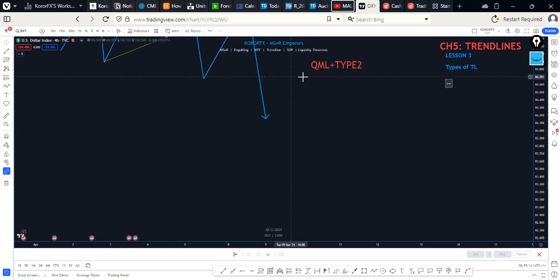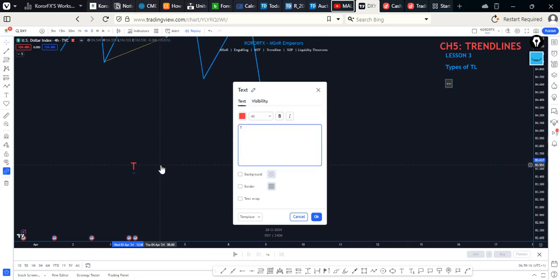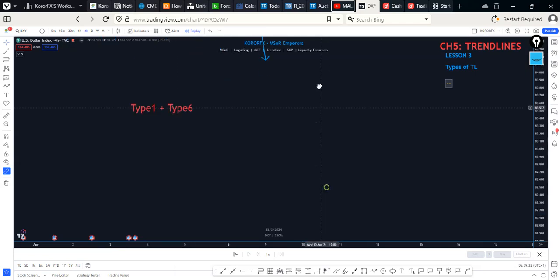So now I want to show you finally type 1 plus type 2. Let me say type 6. That would be very good. Let me show you type 6 plus type 1, or type 1 plus type 2.